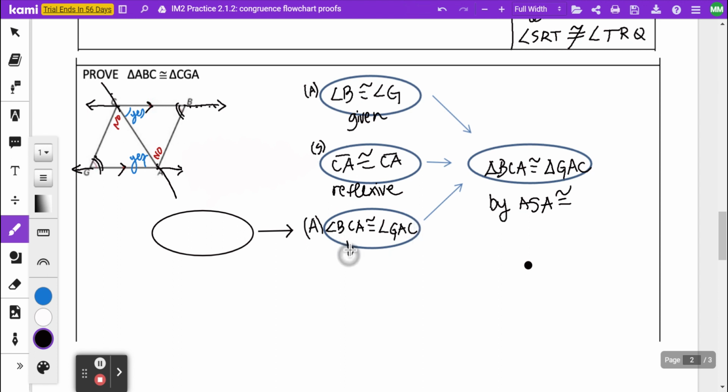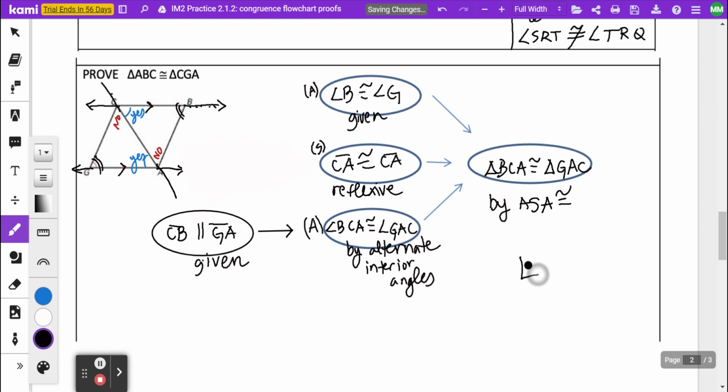And that is by alternate interior angles, which depends on parallel lines, and that's why you need this extra justification. And I can do that by saying I've got side CB is parallel to side GA, and that luckily is given. Done.